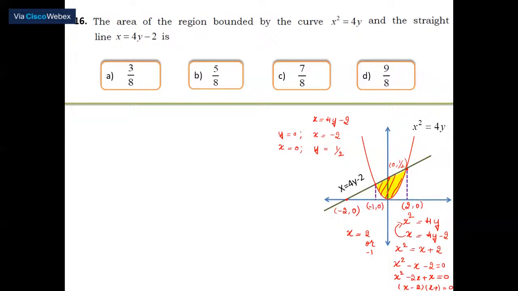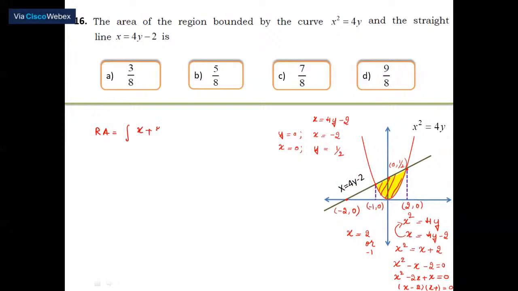And to find this area, first let us find the area from the x-axis to the line. Next we'll subtract the area bounded by the x-axis and the parabola. Fine. So the required area is the area from the x-axis to the line, and from the equation of the line, y is nothing but x plus 2 divided by 4.